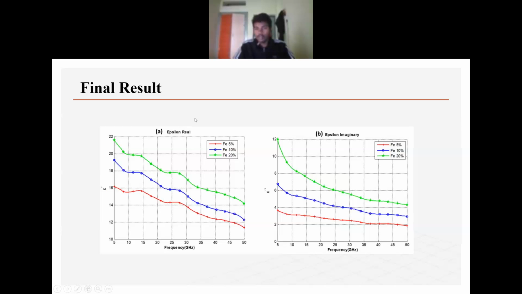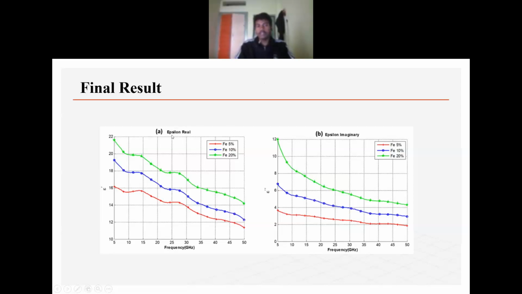After this numerical method, the software itself converts S11 into permittivity, just like in FTIR, where a Fourier transform is used. Finally we get epsilon real and epsilon imaginary.